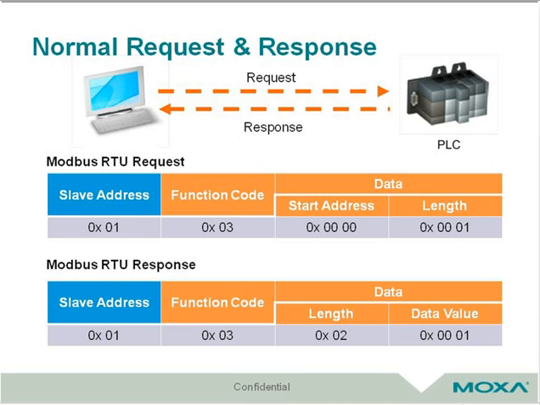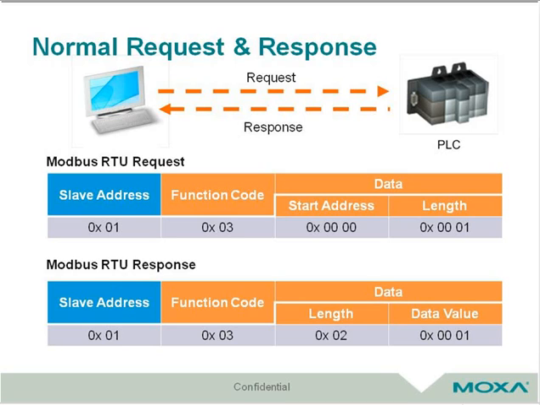And let's see what has been responded. First, the slave address shows the response is from slave ID 01. And the function code shows this response is replying to a command whose function code is 03, read holding registers.